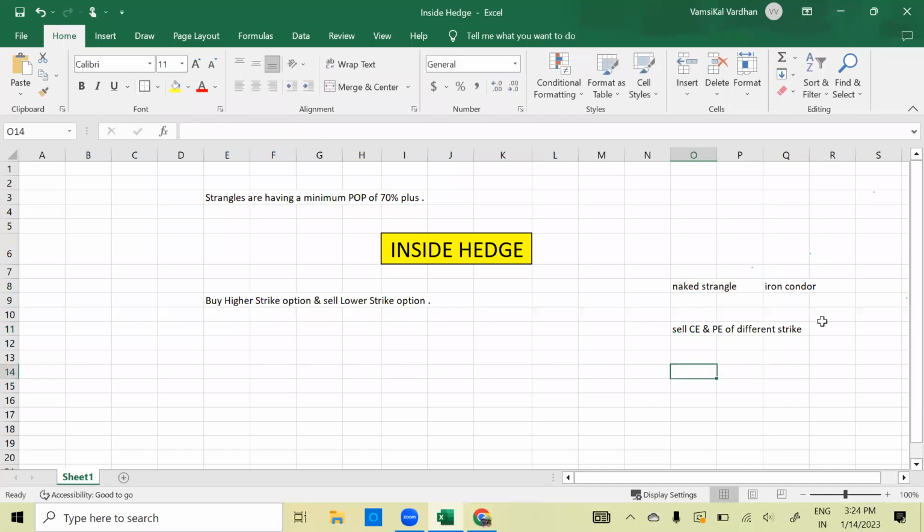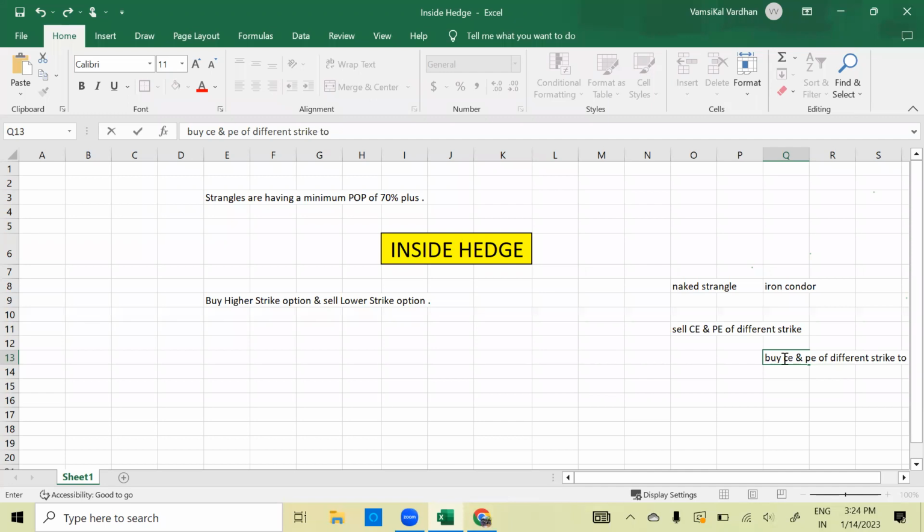Iron condor means buy CE and PE of different strikes to limit the loss of naked selling.